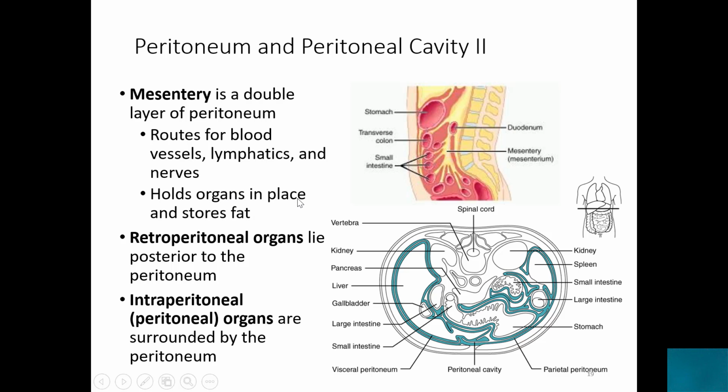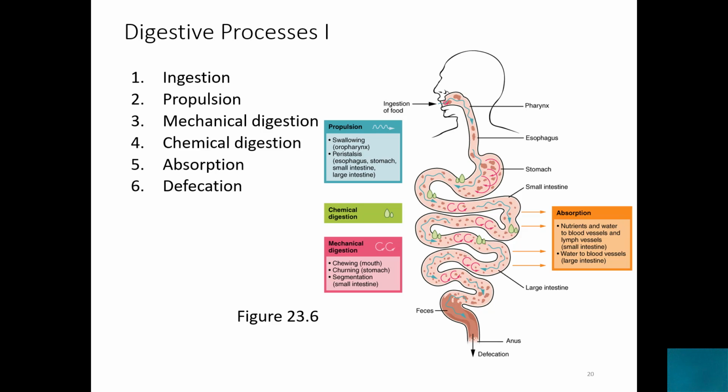Mesenteries hold organs in place, and they are also for fat storage. Not all the organs of the abdominal cavity are covered with peritoneal membranes, and those would be called retroperitoneal. Kidneys, for example, are retroperitoneal. And those organs that are surrounded by peritoneal membrane are called intraperitoneal organs, like the small intestine or stomach.